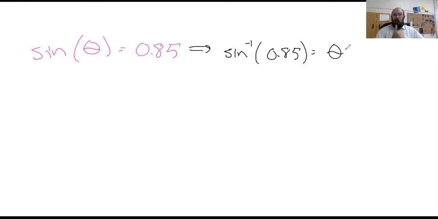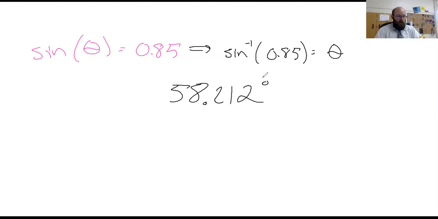Remember, our memorized values are 0, 1, 1/2, square root of 2 over 2, and square root of 3 over 2. So I'm going to turn my calculator on, and at the second button, I'm going to hit sine, and I'm going to type in 0.85, enter, and that gets me right here, 58.212 if I round up, and that is in degrees.